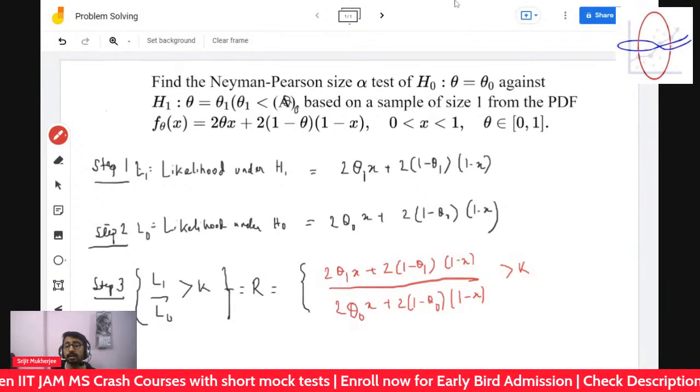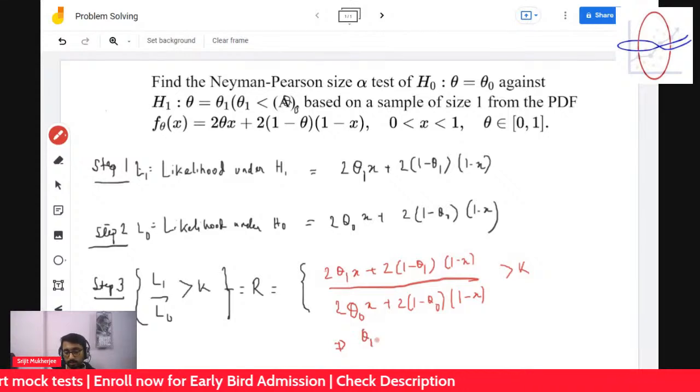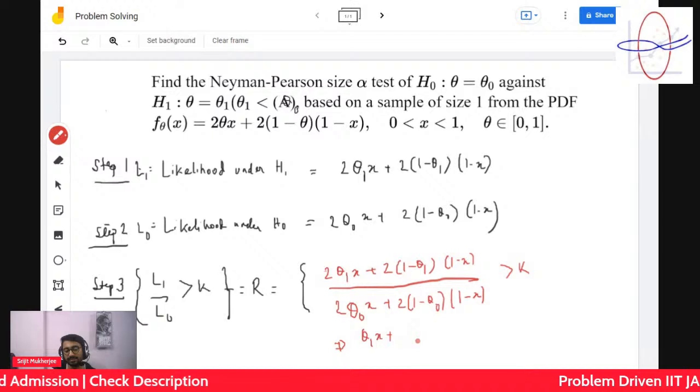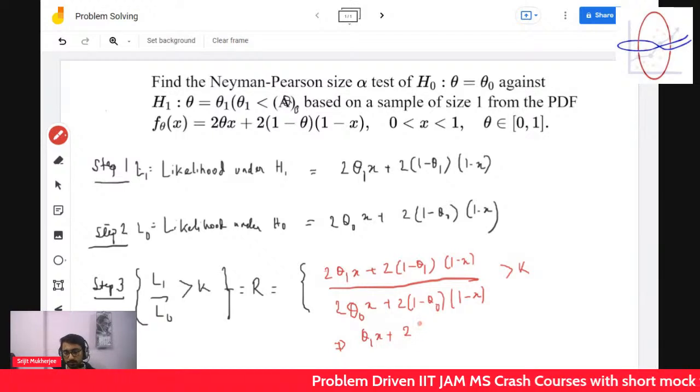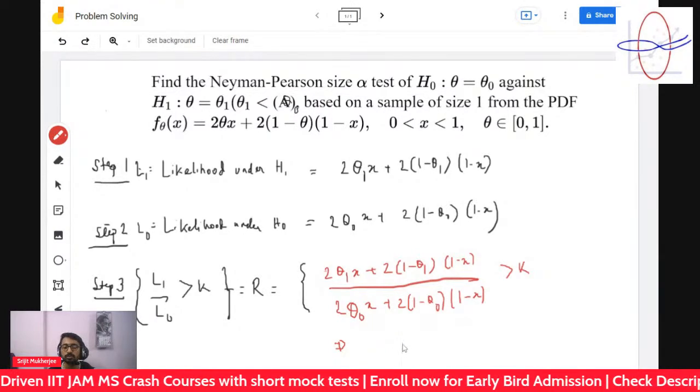It's very easy, and you can understand that 2 is getting cancelled over here, so you get theta x. Let's expand it in some sense, plus 2 into. Can you just calculate the denominator and the numerator, please?